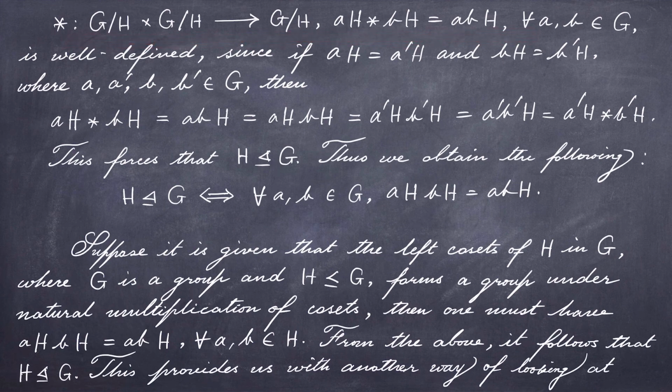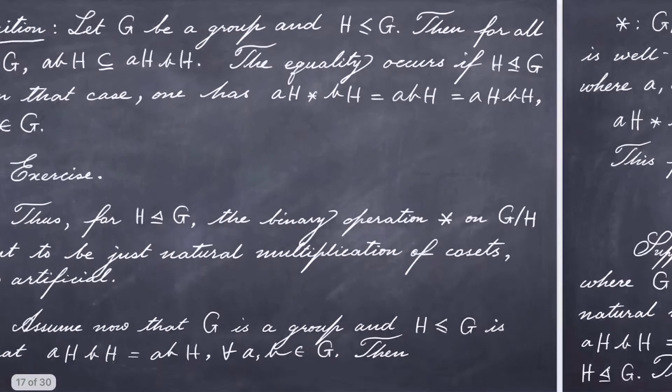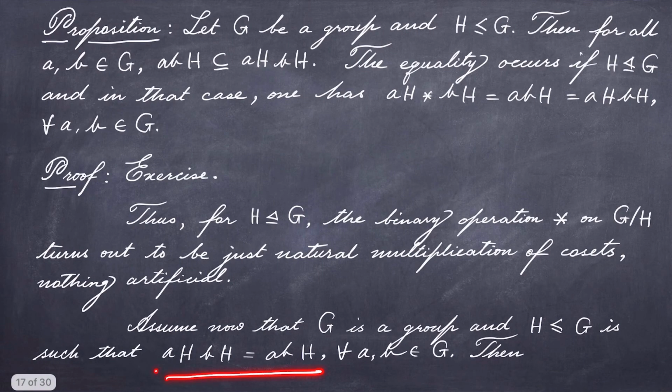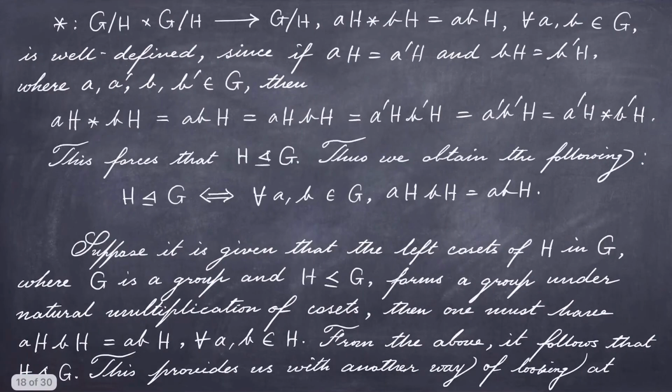becomes well defined. Why? Because if AH equals A prime H and BH equals B prime H, then you look at AH star BH. This is the way star is defined. On the one hand it will be ABH, and since we have this situation, then AHBH.